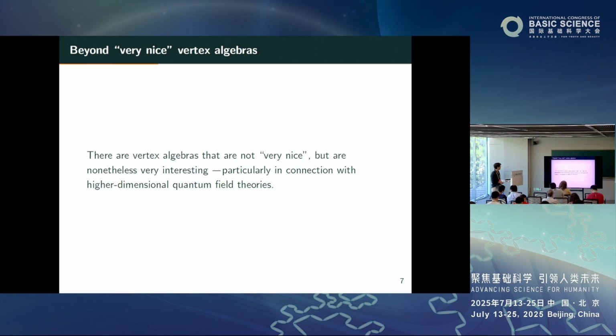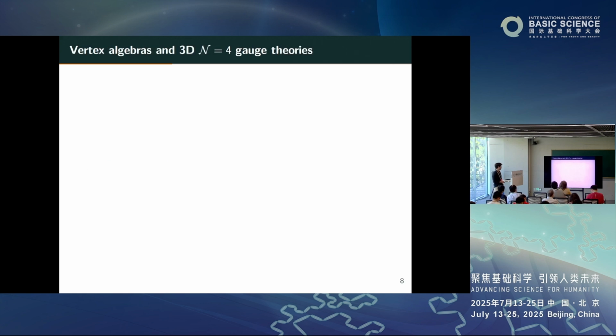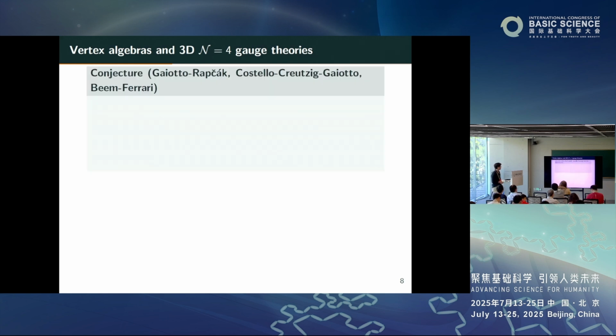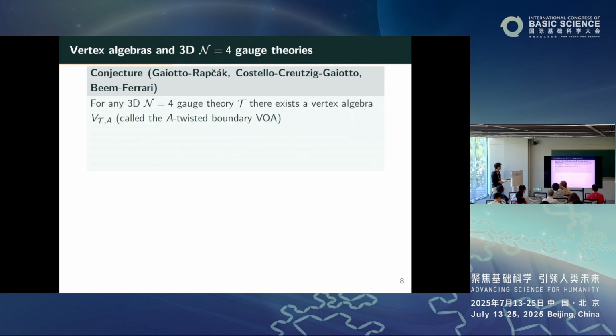So let me start with the connection with 3D gauge theory. The basic conjecture is the following. You're supposed to associate a vertex algebra, called the A-twisted boundary VOA, to any 3D N=4 gauge theory, which knows both the Higgs and Coulomb branches in the following sense.